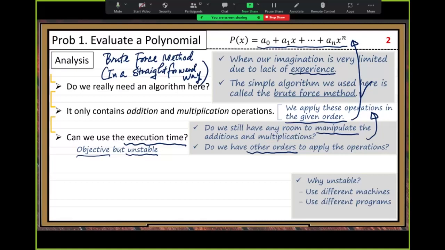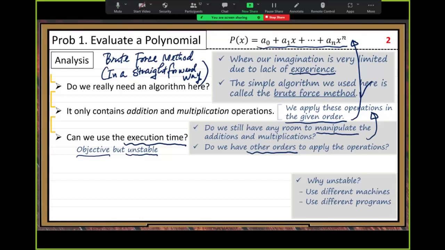But another one with a lot of experience knows how to improve the overall performance, so they can do a lot of special treatment, manage the memory more efficiently, and many different ways to improve the coding. So they can do faster. So from the software point of view, execution time may not be stable.